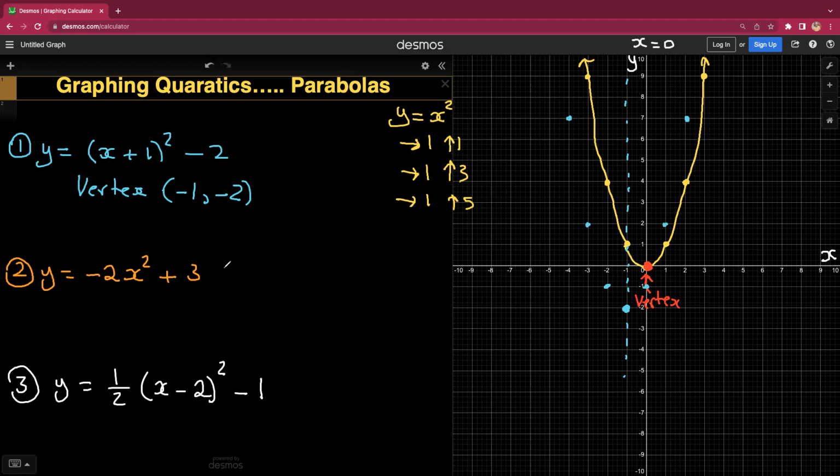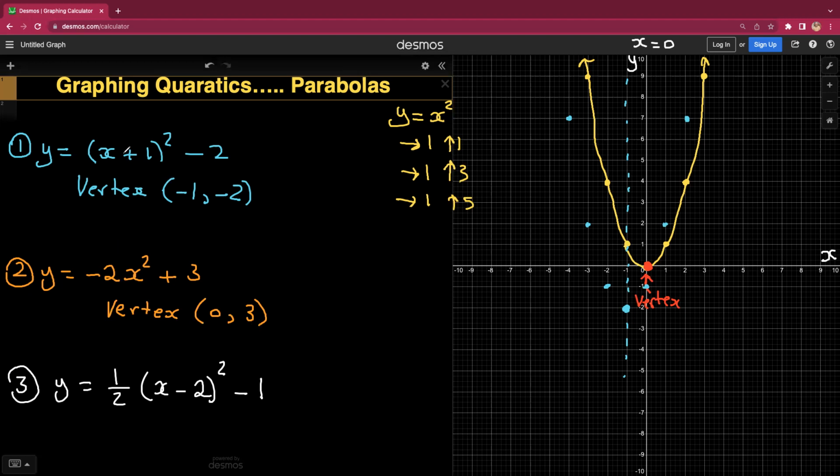Okay, now let's go to the third one here. The third one, what's the vertex? The vertex is 0 and +3. Now you could tell me it doesn't look like this. So how did we get 0 and 3?